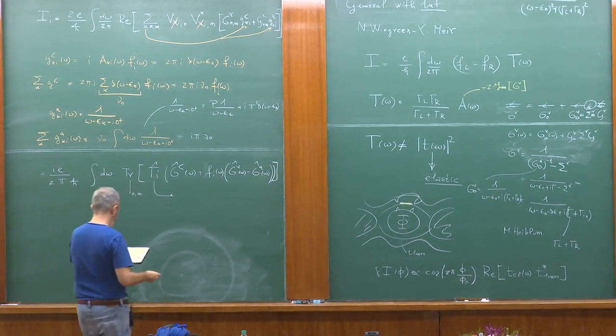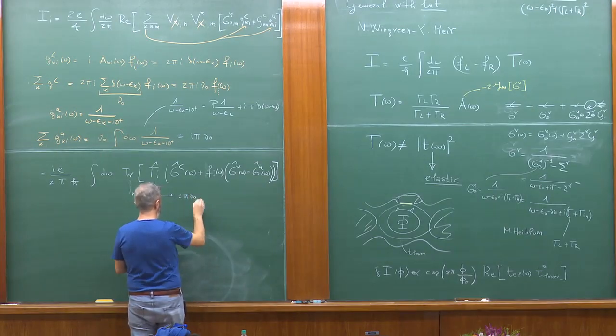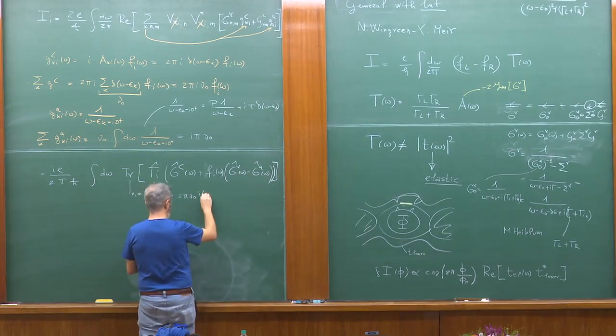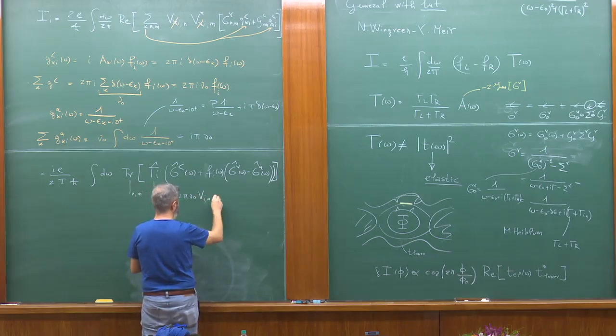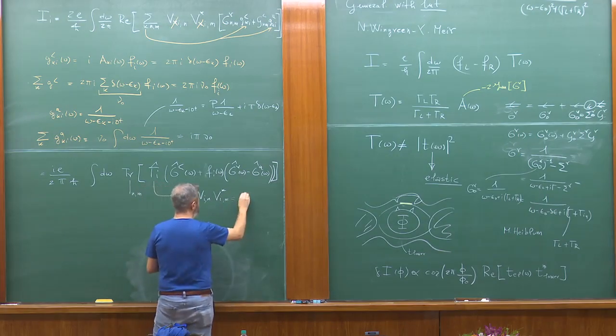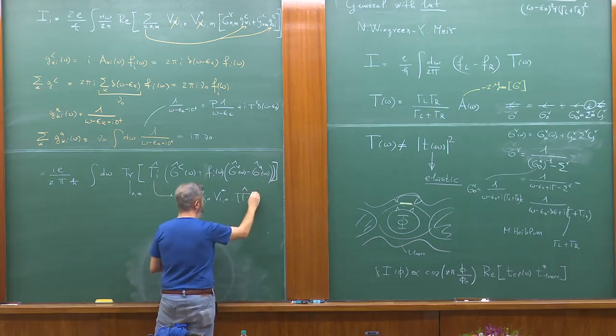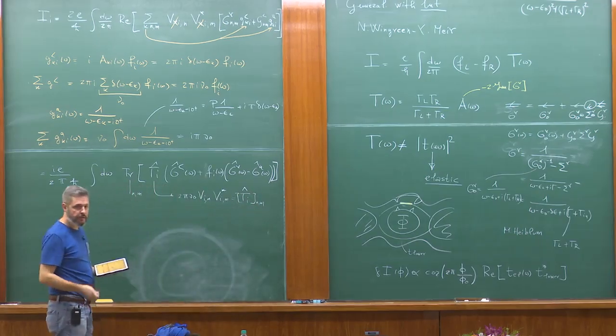So the V i n, V i m, I can combine to get the following expression, V star i m, and I call this gamma i n m.